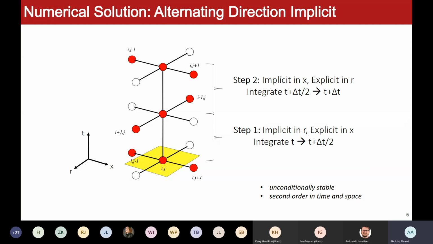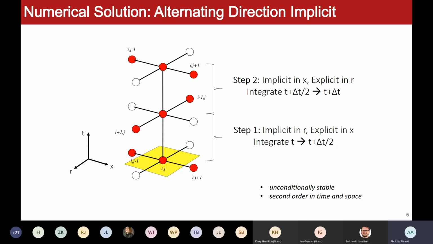And then we solve this equation using an alternating direction implicit numerical scheme, which basically alternates the solution between the radial and the axial direction. For the first half time step, it does an implicit solution in the radial direction, and then an explicit solution in the axial direction, and then it rotates, so it does an explicit solution in r and then an implicit solution in x for the second half of the time step.